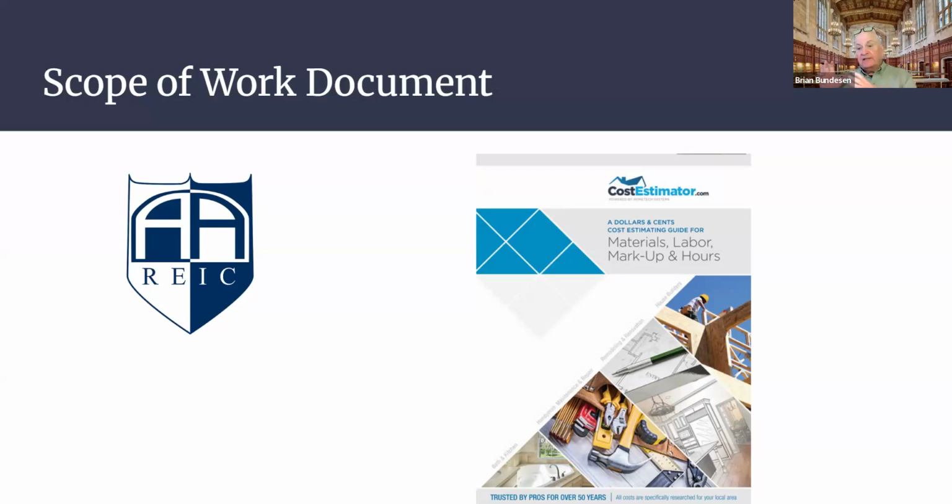So it's fascinating to see what something would cost in Michigan versus what it would cost in Texas or Florida or New York. But anyway, you get the idea. So that's a scope of work document. Okay, so that's the first reason. I kind of went off the reservation here.